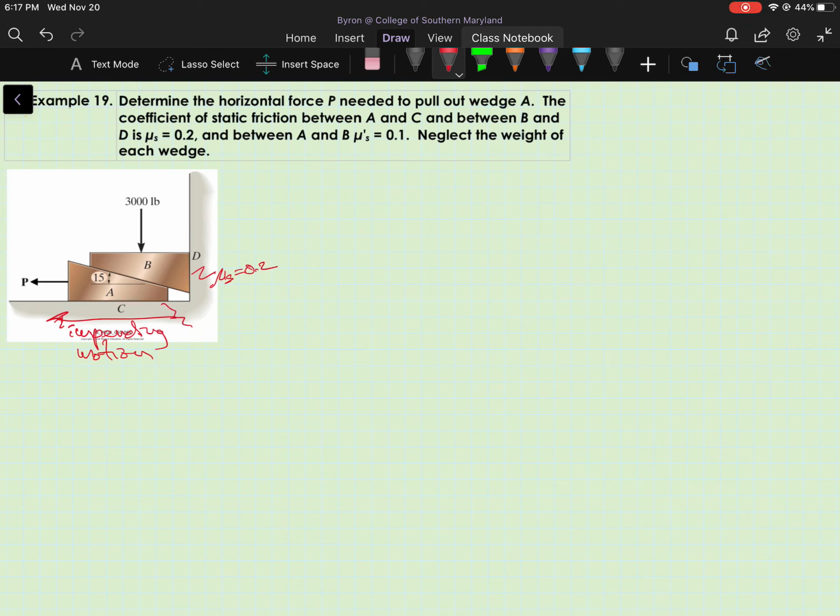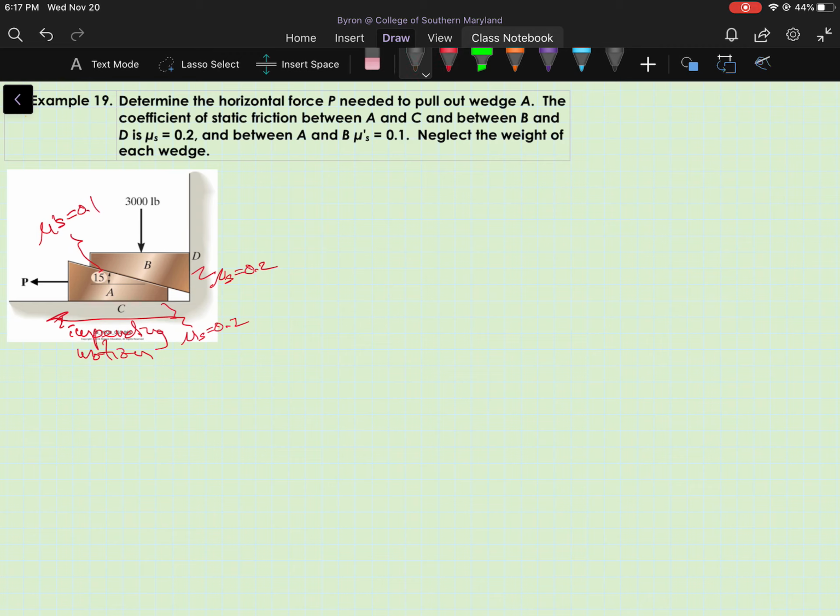The same between A and C. And then between A and B, in order to distinguish, they called it mu prime sub s equals 0.1, since it's a different value.